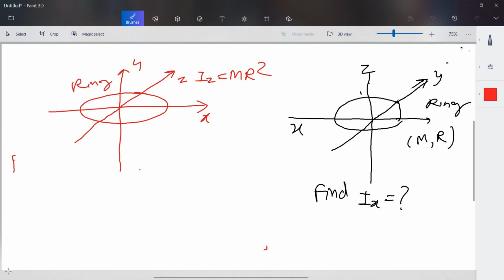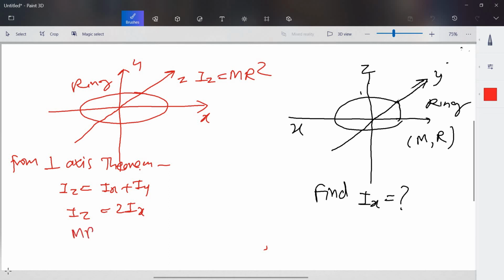Then from the perpendicular axis theorem, we know Iz equals Ix plus Iy. Here you can see from symmetry we can write 2Ix, and Iz is nothing but mr square.